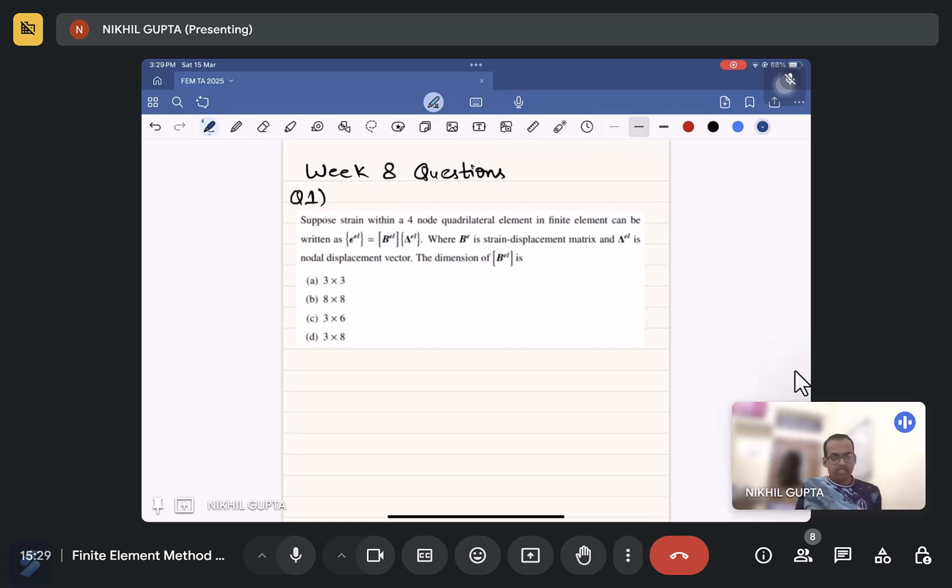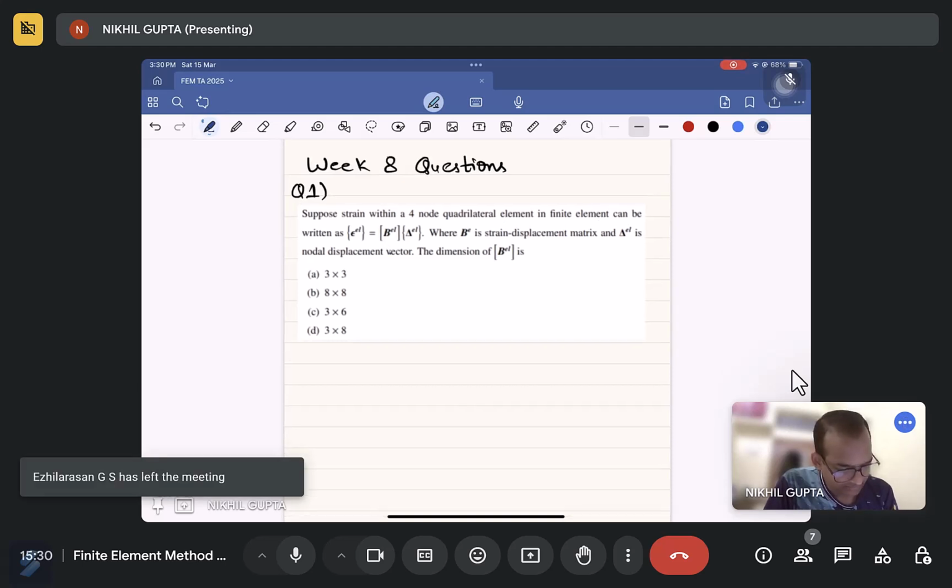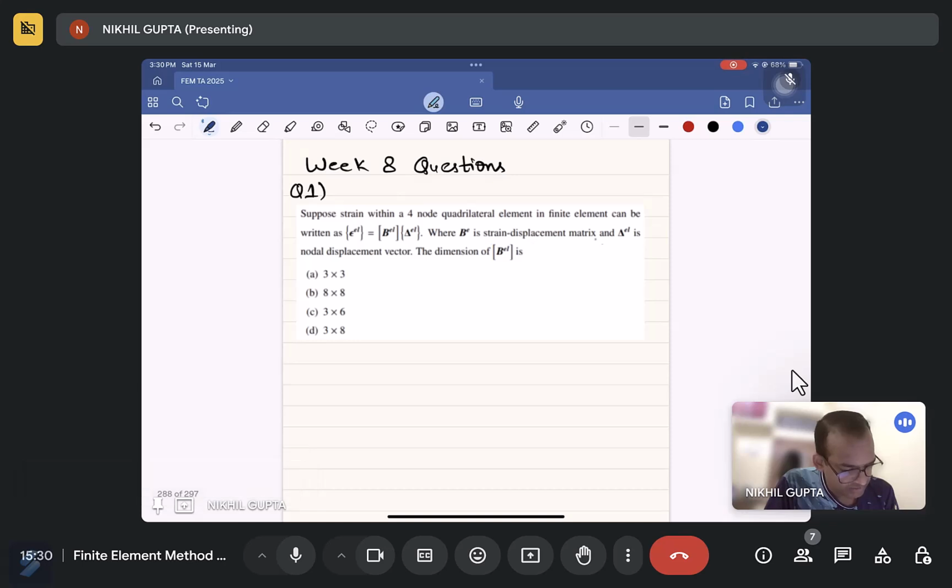Let's start with the questions related to week 8 now. This is the first question I have taken. It says, suppose the strain within a 4 node quadrilateral element in finite element can be written as this, where B is the strain displacement matrix and delta is the nodal displacement vector.